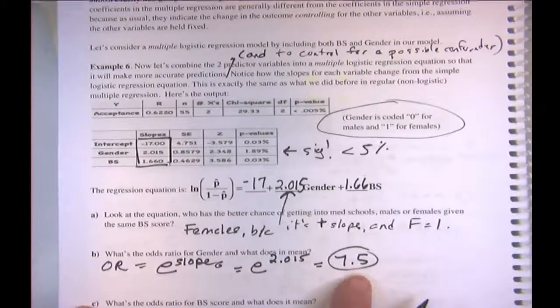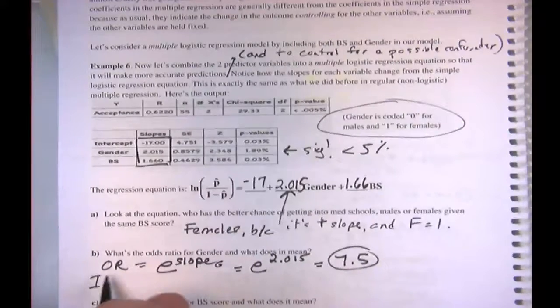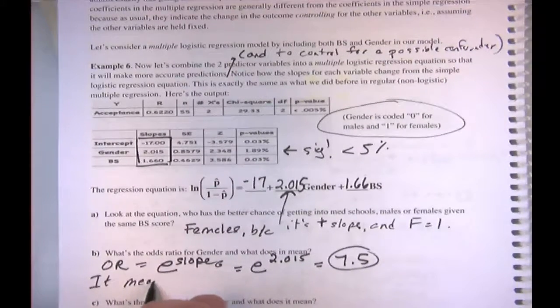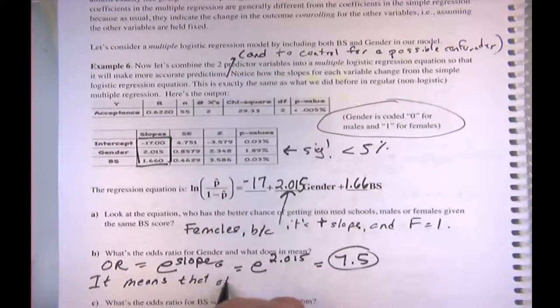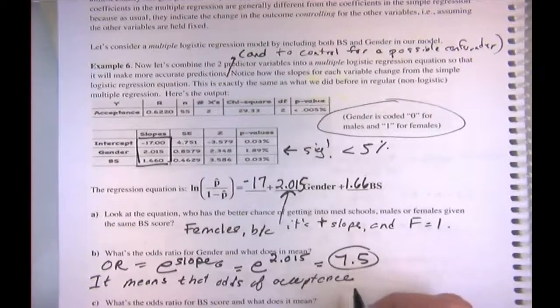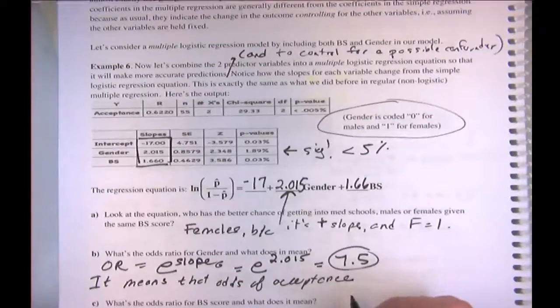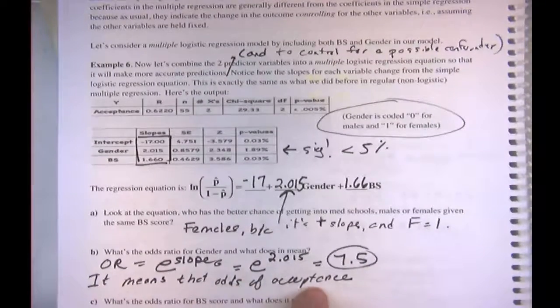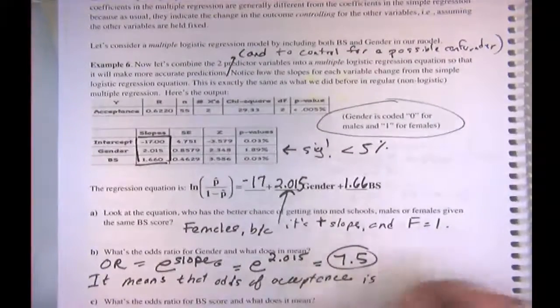So what does that mean? Let's just make sure you know what it means. It means that the odds of getting into med school, I thought this was really interesting. I'd really like to explore this further with more of a data set, but it's hard to get data on this. It means that the odds of acceptance is, what do you think?